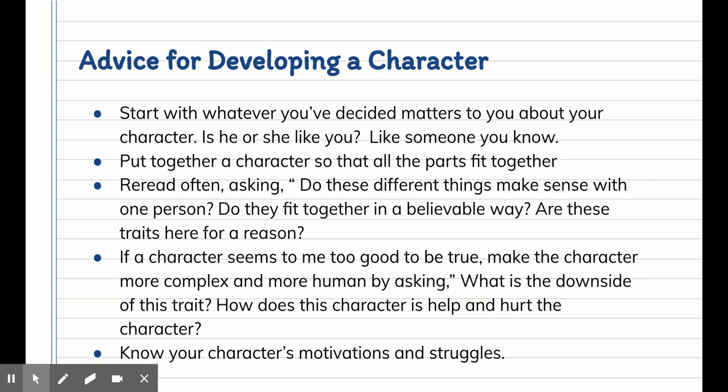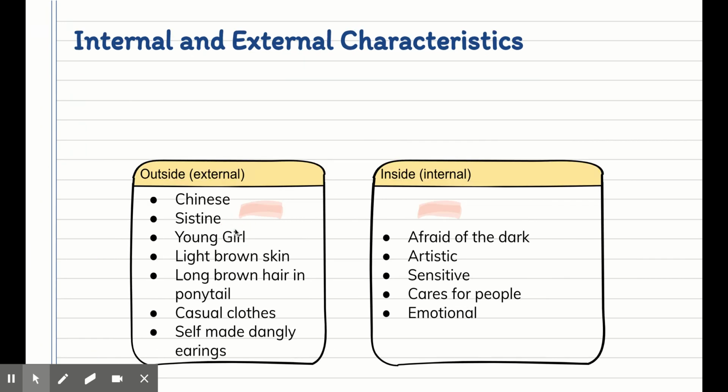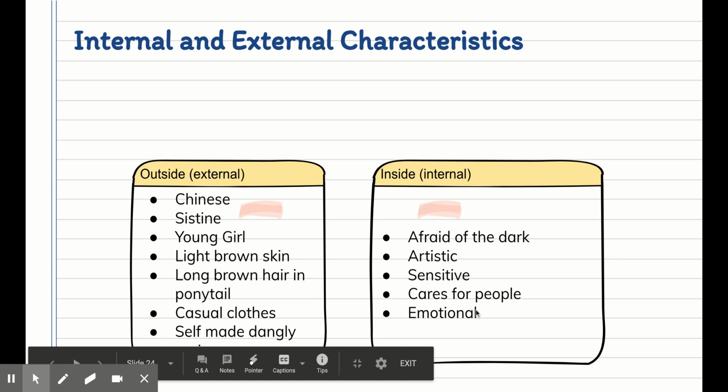Okay, I'm going to think more about my character, Sistine, about being sensitive and about her caring about people. I'm thinking about why she cares about people and how there needs to be a downside for this. So I added to my list that she's emotional.